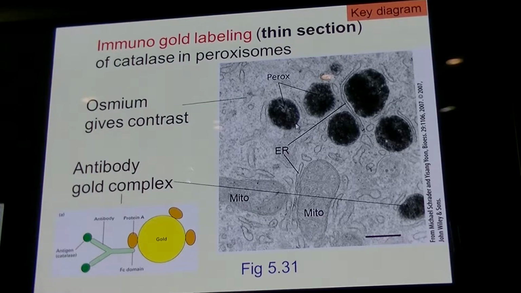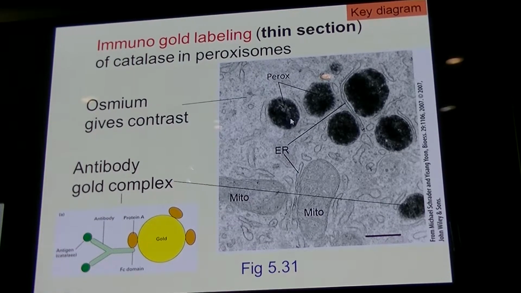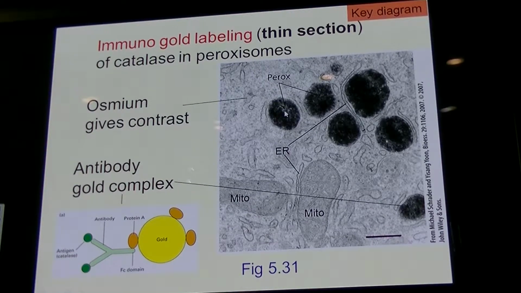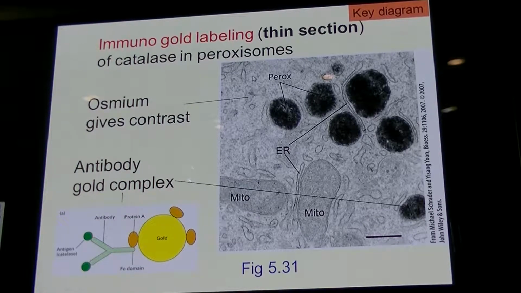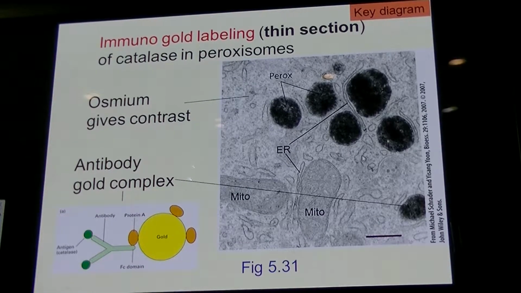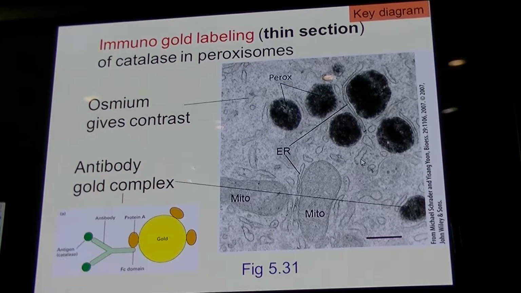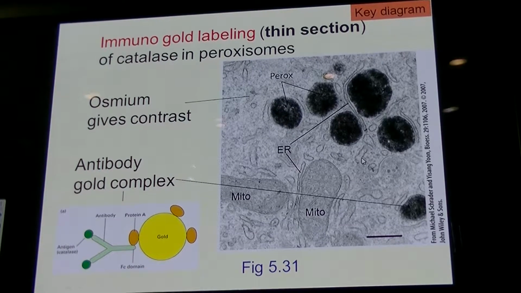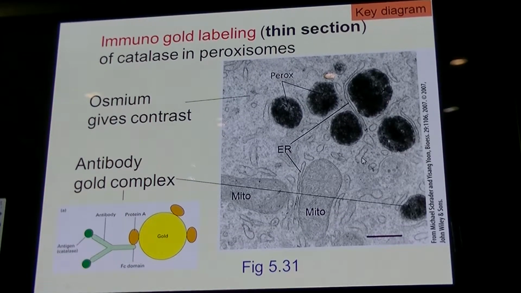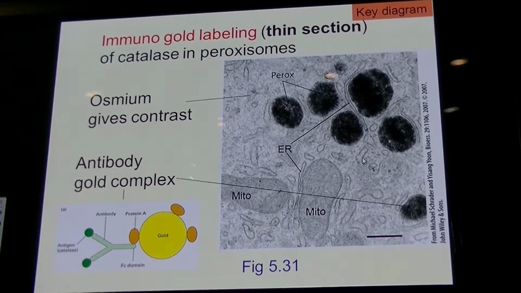Okay, so using this method, we can see where the catalase protein is. We see other structures here, mitochondria, this is maybe some ER, I'm not sure. The membranes often pick up these heavy metal stains, especially osmium tetroxide is something that's easily attaching to membranes.